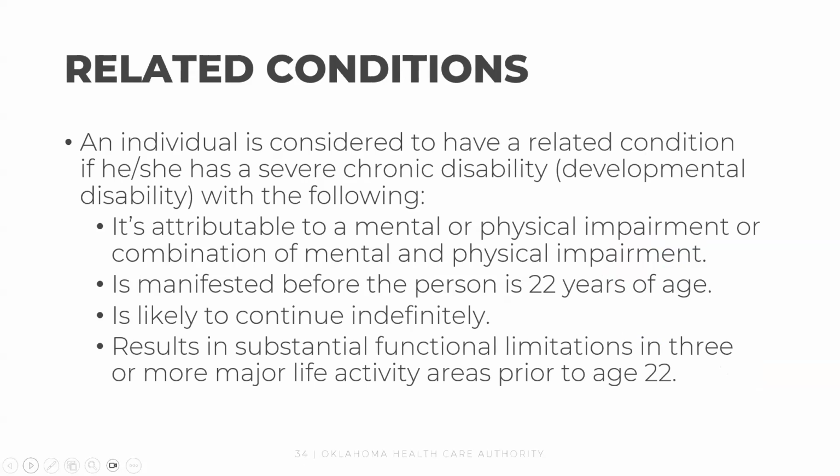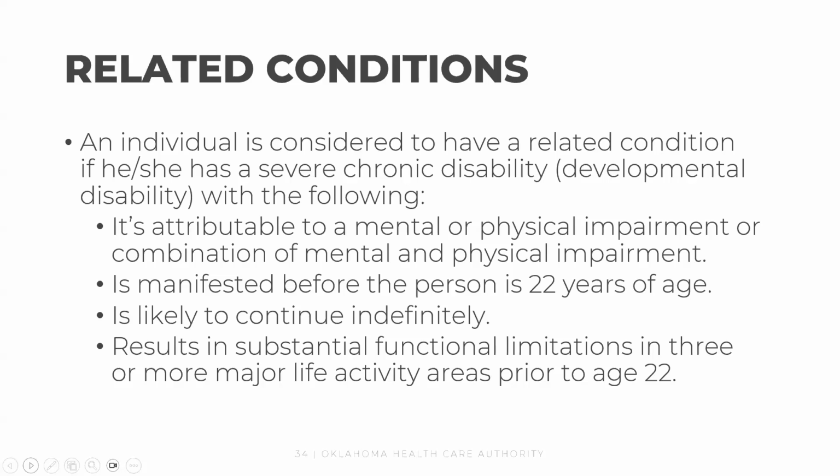An individual is considered to have a related condition if he or she has a severe chronic disability, a developmental disability, with the following. So it's attributable to a mental or physical impairment or combination thereof of mental and physical impairments. It's manifested before the age of 22.